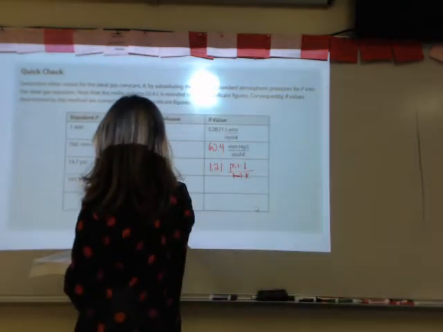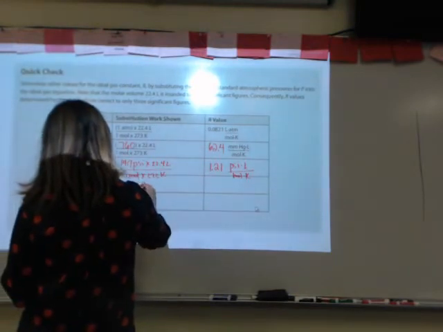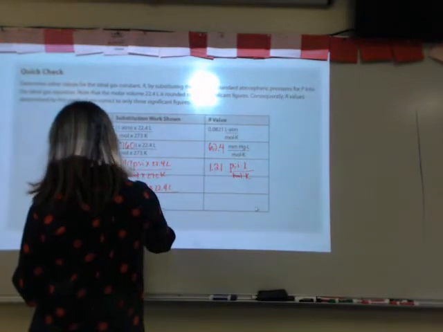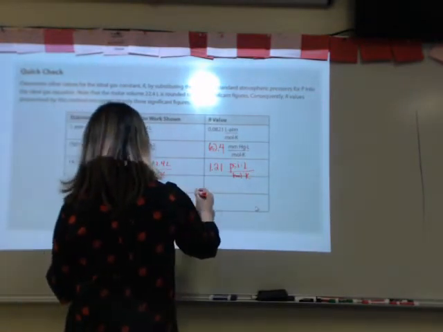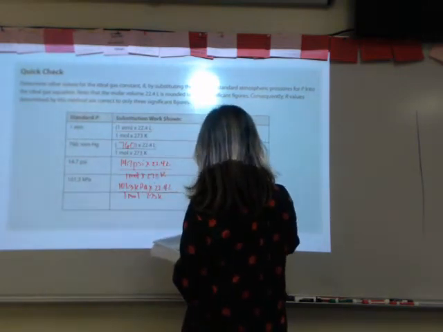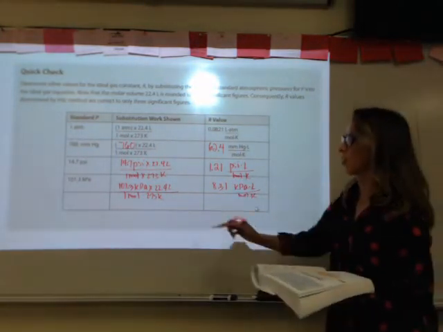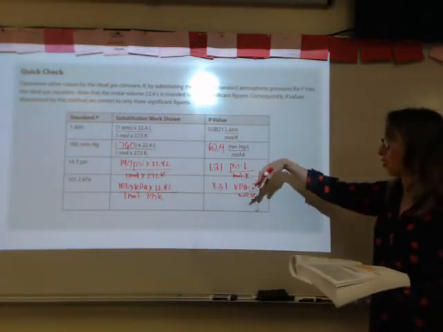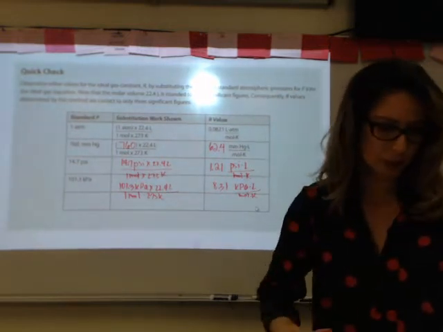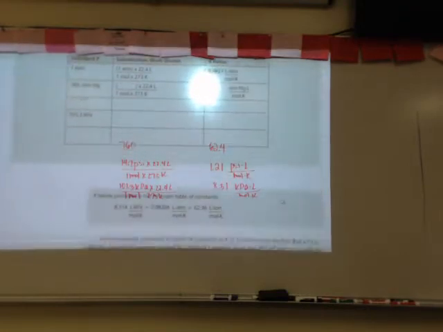If you have kilopascals, you will end up with 8.31 as your R value, okay? Since all of those standard pressures were in 3 sig figs, the R values are all rounded to 3 significant figures. So these R values are what you're going to be referencing when you're using PV equals nRT.